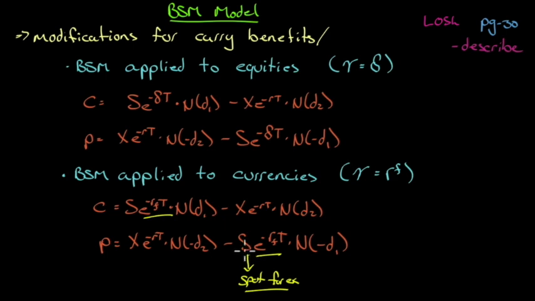Typically, if you're working with options and currencies, you're more likely to use an option on a futures contract, which is a nice segue into what we're doing next: looking at the Black model to value European options on futures. So if you're dealing with currencies, most likely you're dealing with options on futures as opposed to options on the spot itself. That's all you have to do for equities with dividends and for currencies: you're just adding one extra term in, which works to lower the value of the call and raise the value of the put.